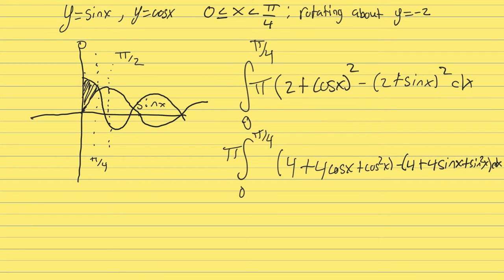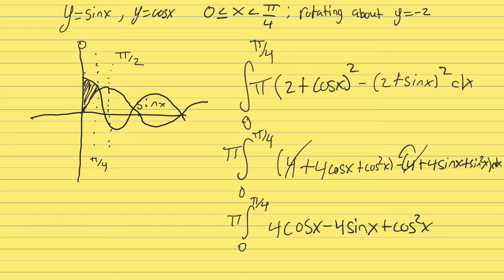If we distribute the negative in the middle, we will actually cross out our 4's. Our new integral is from 0 to pi over 4 of 4 cosine x minus 4 sine x plus cosine squared x plus sine squared x dx.